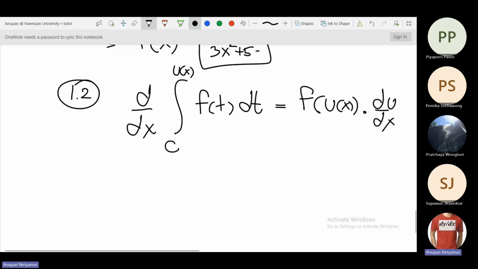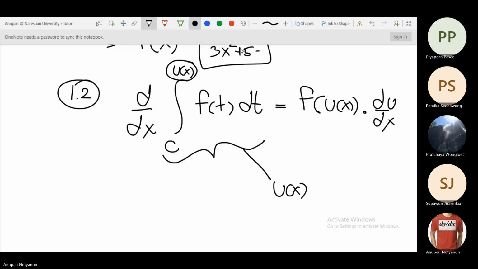The reason is, okay, well, you can see that this guy now depends on u of x. So the whole thing depends on u of x, and u is a function of x. If I want to take the derivative with respect to x, I have to use the chain rule.